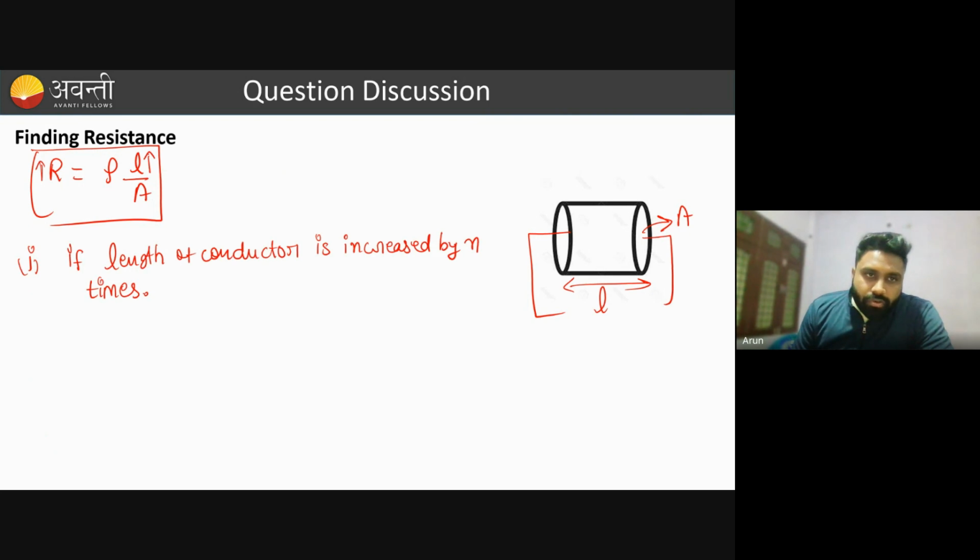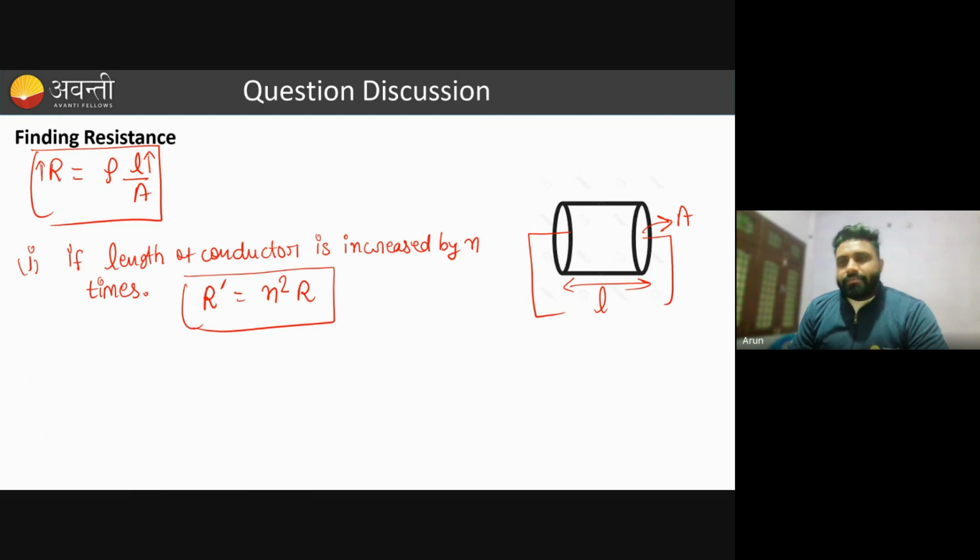The resistance would become n square times, R dash is nothing but n square times the previous resistance. And if length is decreased by n times, this ratio would be reversed, R by n square.